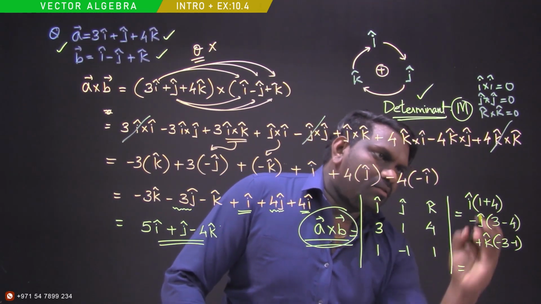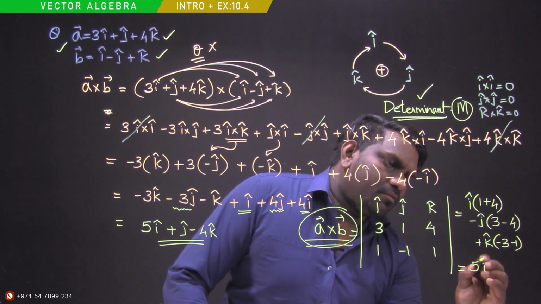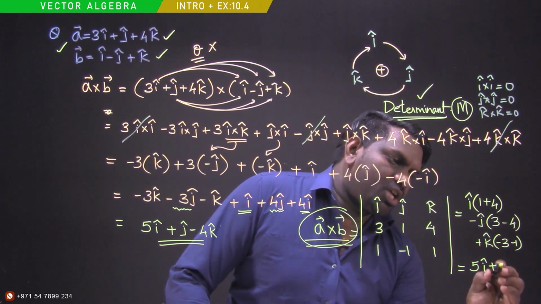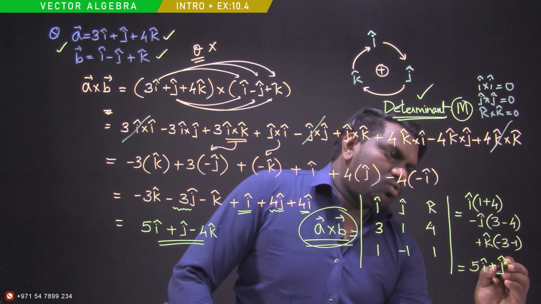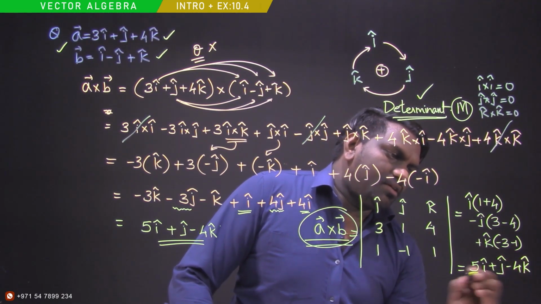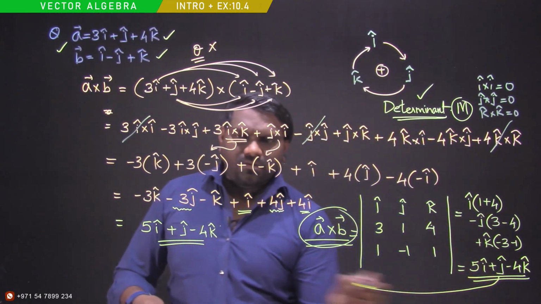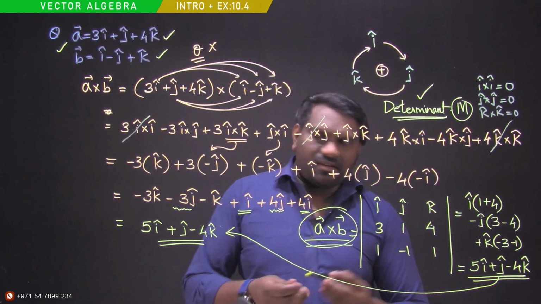So what I end up with is 5i, these are minus 1, so plus j, these two together give 4k, dear. Isn't it so easy? Is it okay?